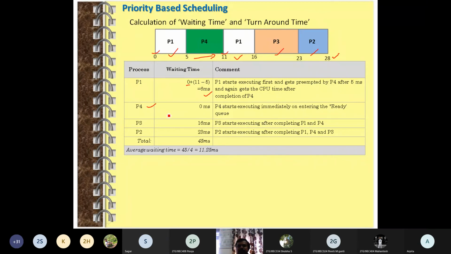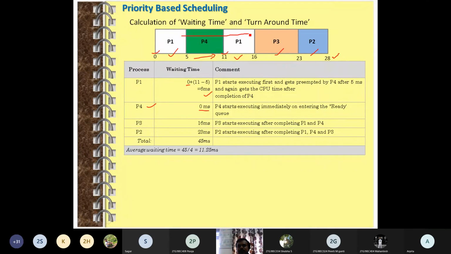What about P4? Is there any waiting time? No, because it is the highest priority. Whenever it comes, it is immediately executed. So there is no waiting time for the highest priority process. So it is 0 milliseconds. Then what about P3? Yes, P3 waited for the completion of P1 as well as P4.